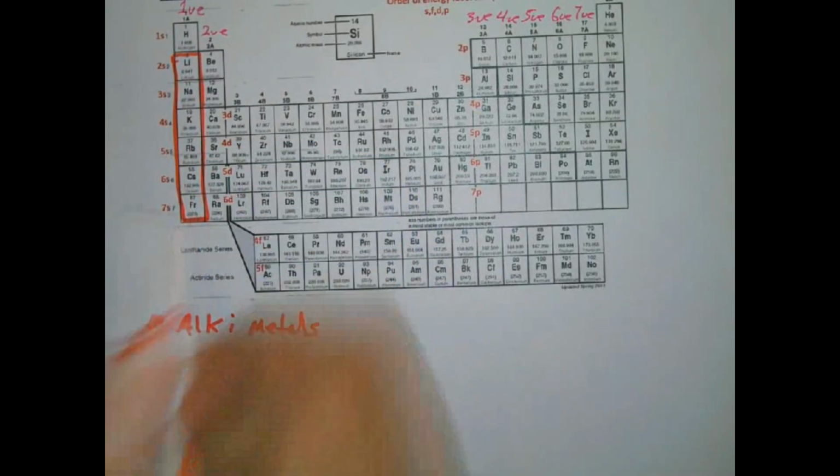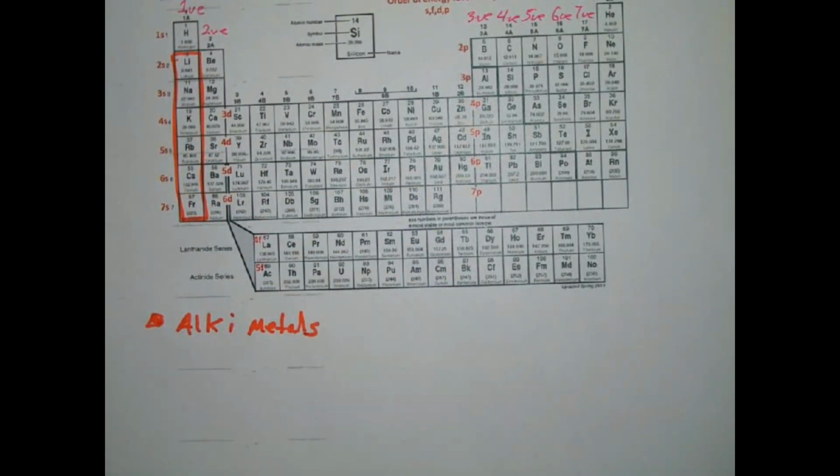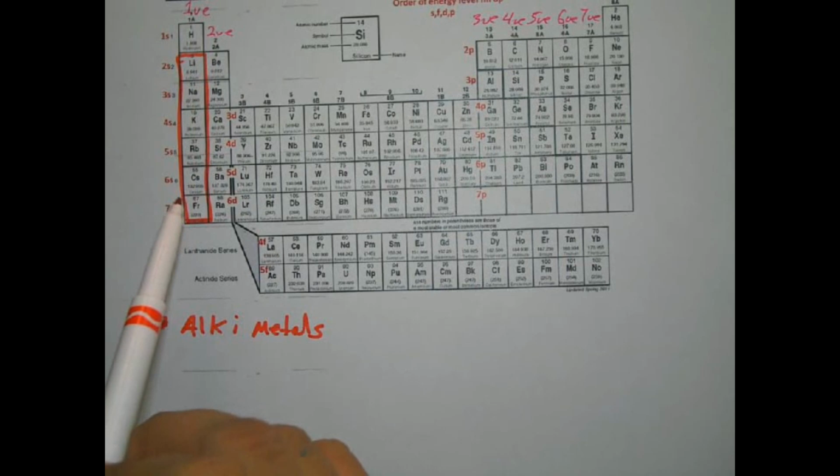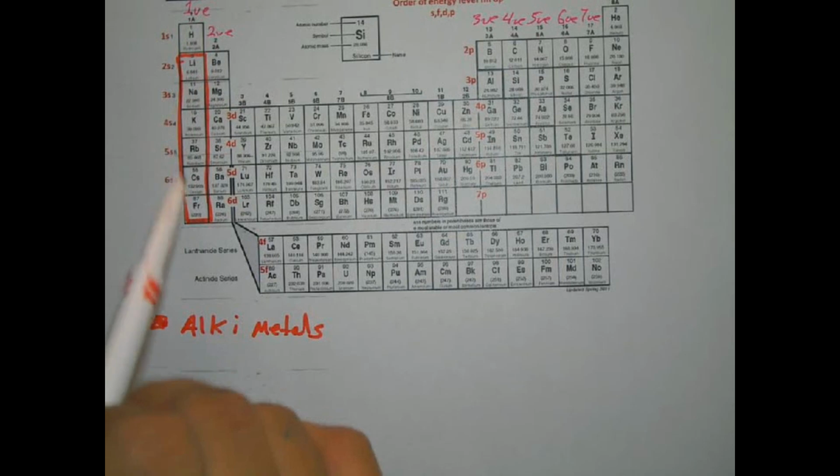Remember, all these guys have 1 valence electron. And remember, the goal here is to either fill up that energy level or empty it out. Okay, so these guys all have 1 valence electron, but they're in a 2 energy level or higher, so it's actually easier for them to give away that 1 electron and become happy. So they all react the same way because they're giving away 1 electron.